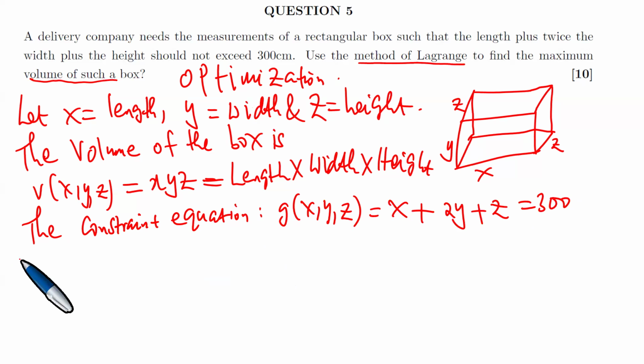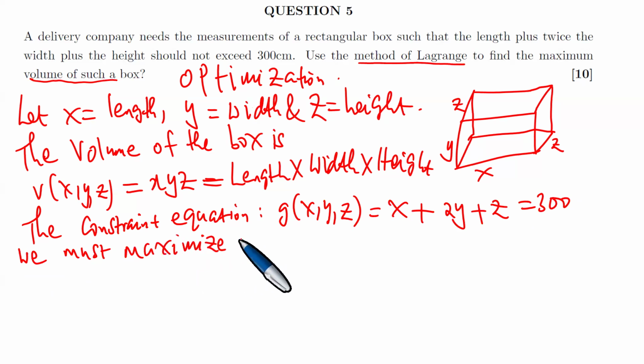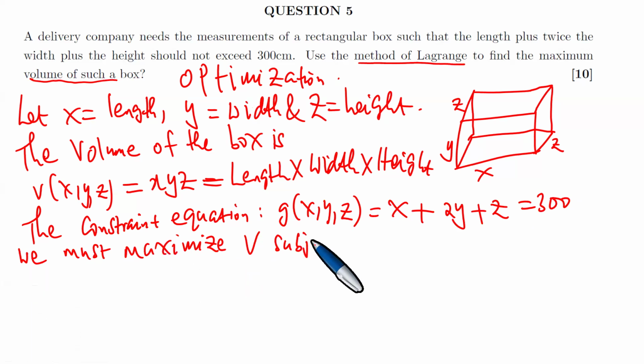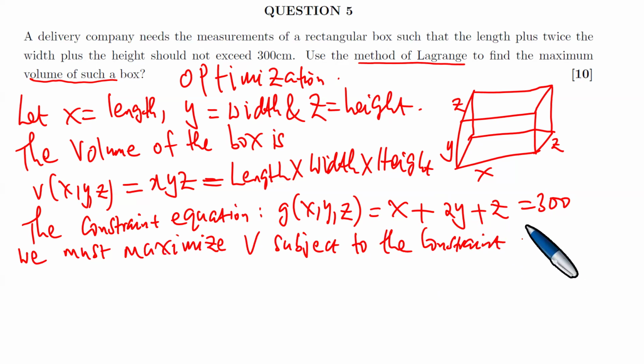And so we must maximize the volume V subject to the constraint, the constraint that G is 300.